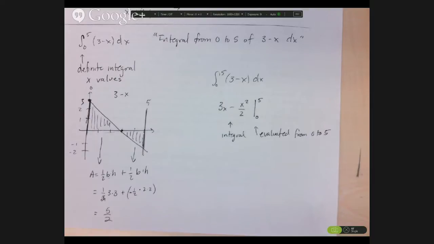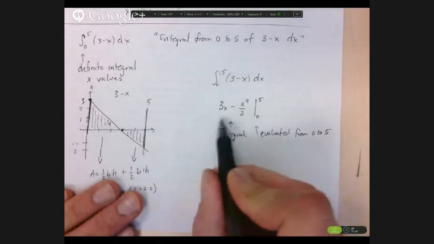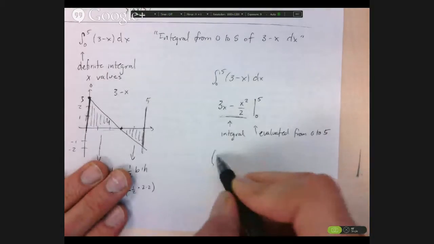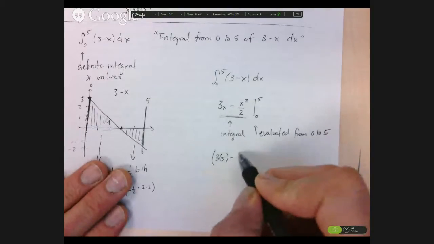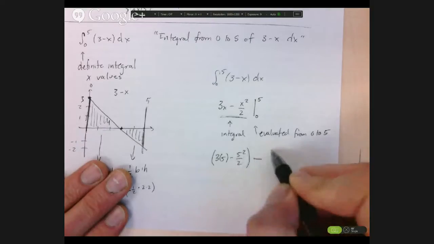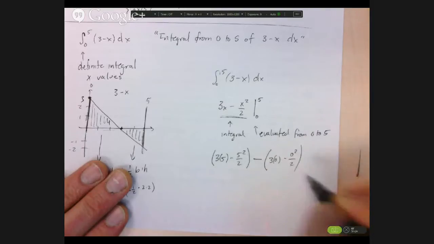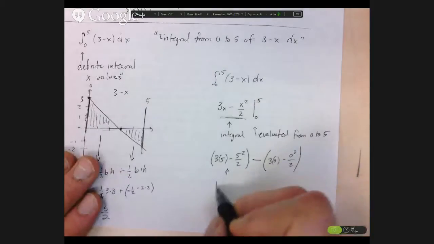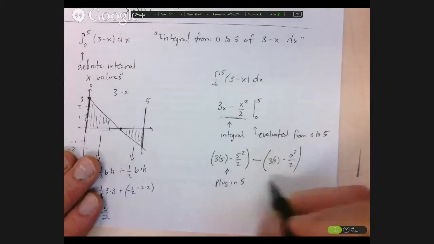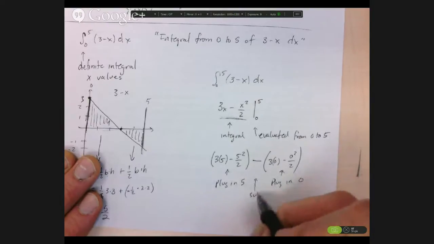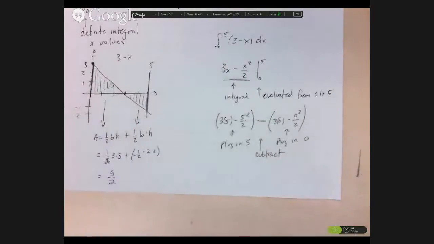Okay. It basically subtracts out. It doesn't matter anymore. Okay, so we're evaluating this function from 0 to 5, which means plug 5 in. Subtract, plug 0 in. Okay, it's always minus.